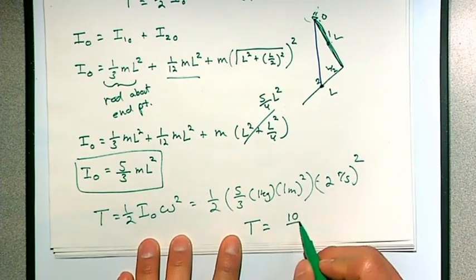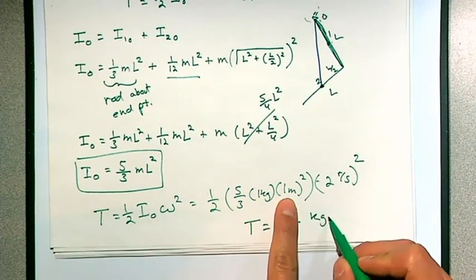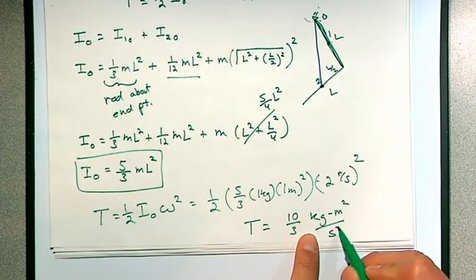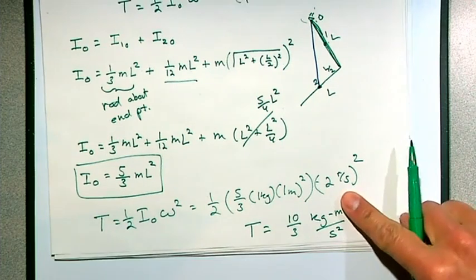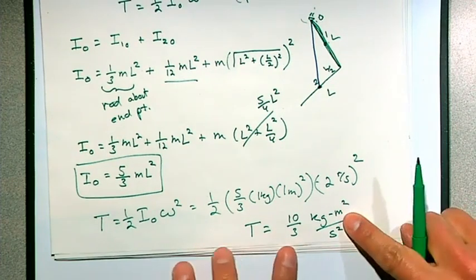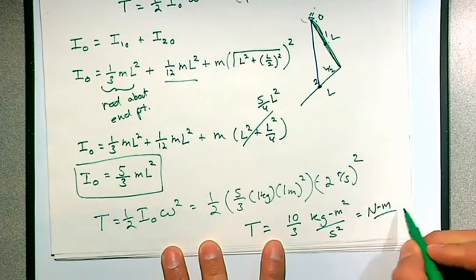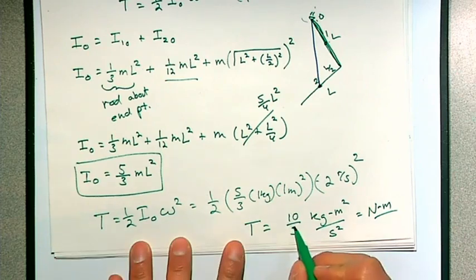So 10/3. Let's look at the units: kg meter squared per second squared. Or kilogram meter per second squared, that's a Newton, and there's another meter. So this is also Newton meters. Newton meters, hey, that's our work unit, right? Or our energy unit. So life is good here.